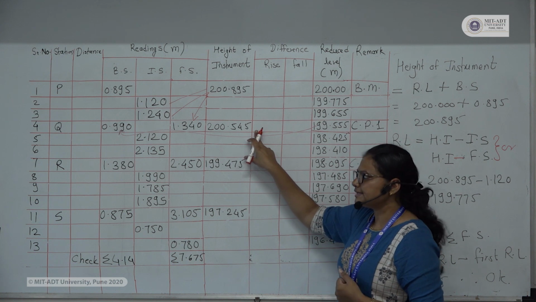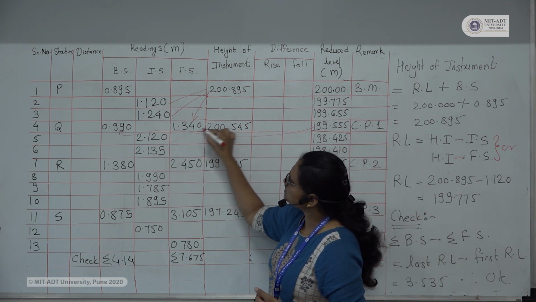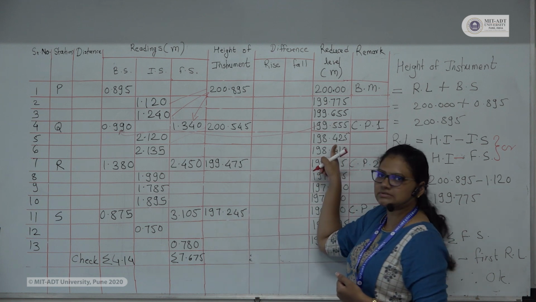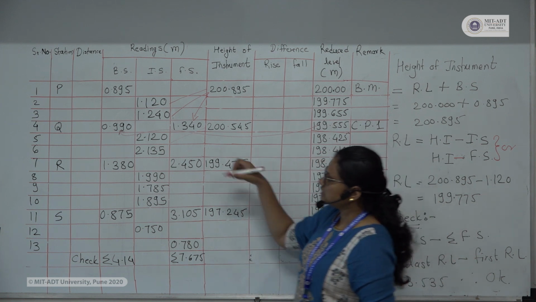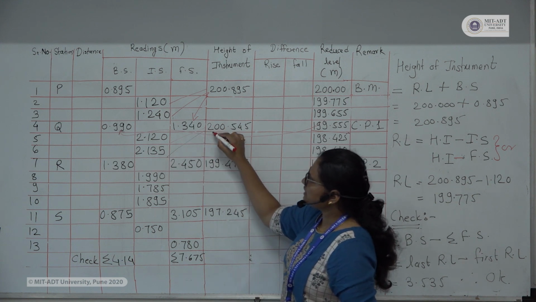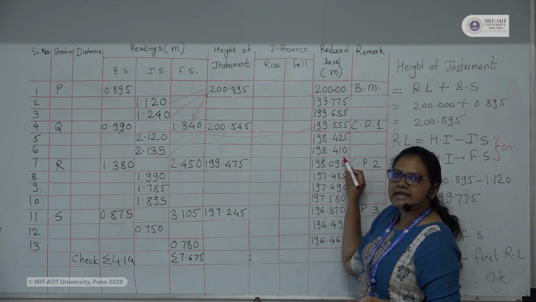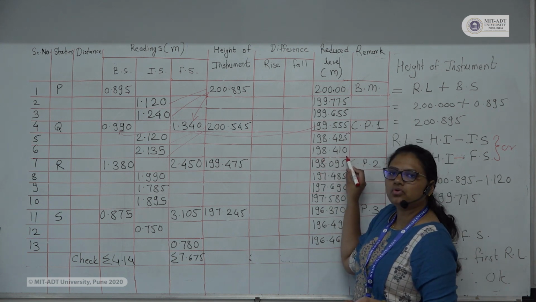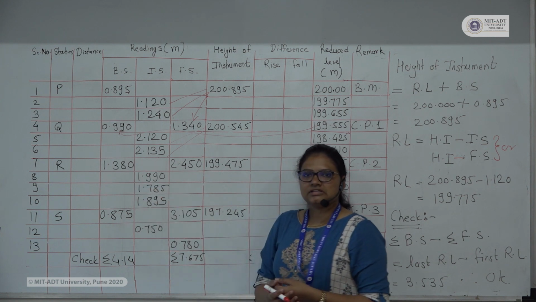Now again for the next point, we are having different height of instrument. So again you have to subtract these two values. Then your reduced level will be 198.425. Again for the next point, you have to subtract height of instrument and the intermediate sight, and you will get the answer of 198.410. Now for this point R, again we are having the change point.